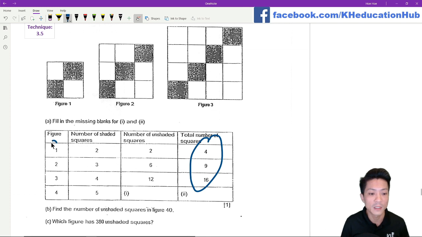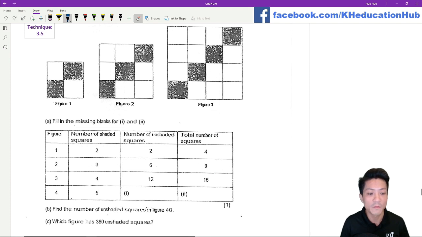Looking at the figure number, if you use the figure number +1 and you square it, you will get the total number of squares. Or you can square the number of shaded squares. 2 square, 3 square, 4 square will give you the number over here.